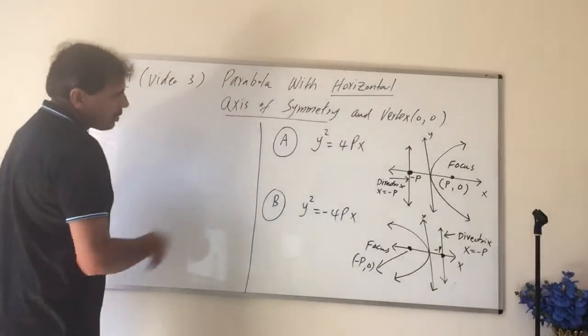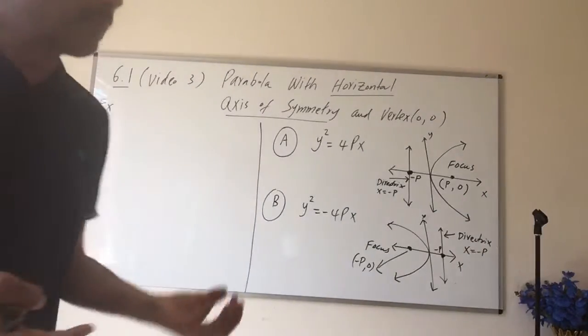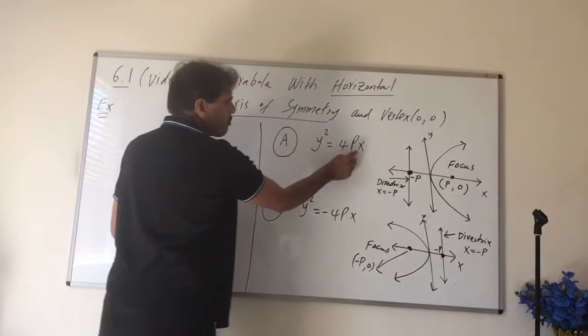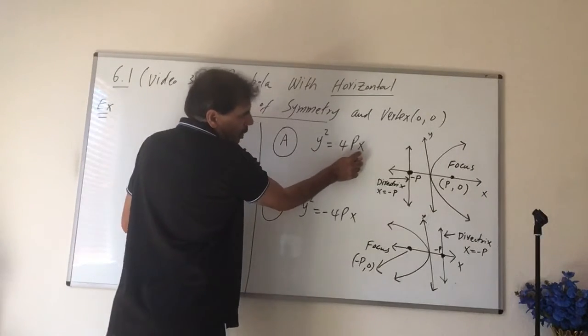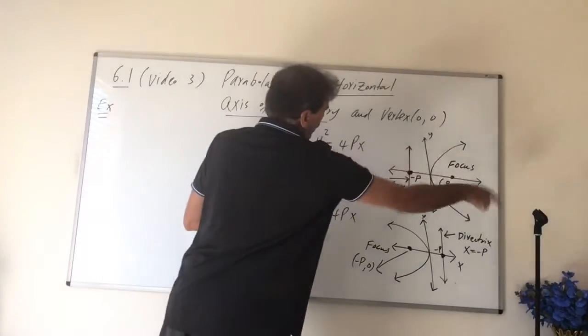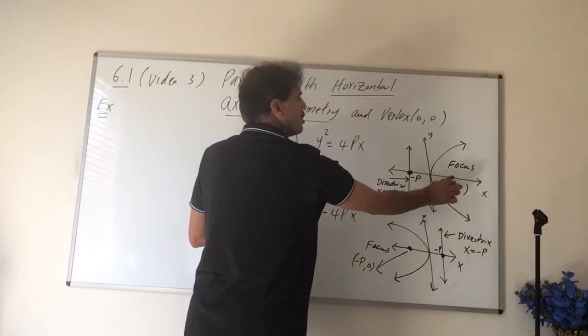Now in this case, I'll show you a trick. We always want to make sure which variable has a square. If y squared equals 4px, it goes along the x-axis, sideways, this way. This is positive, and this is the focus.